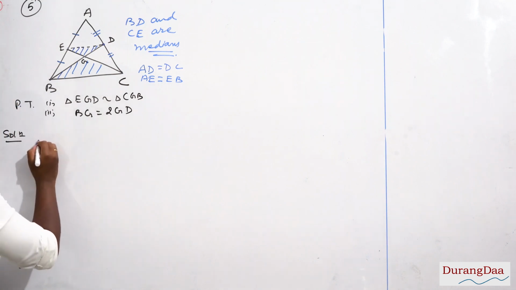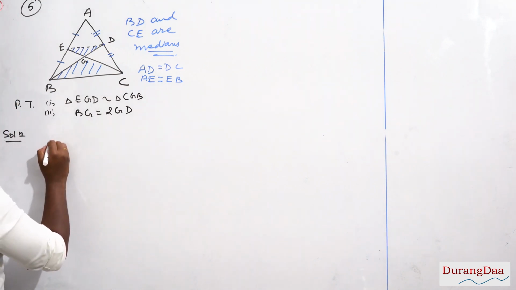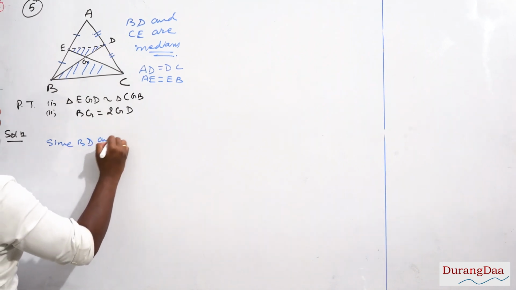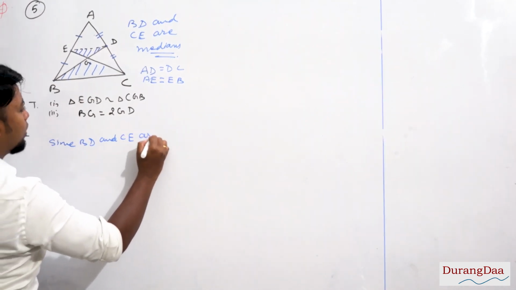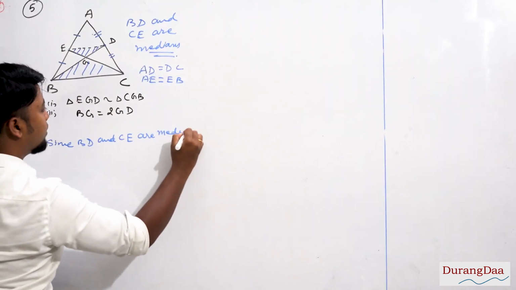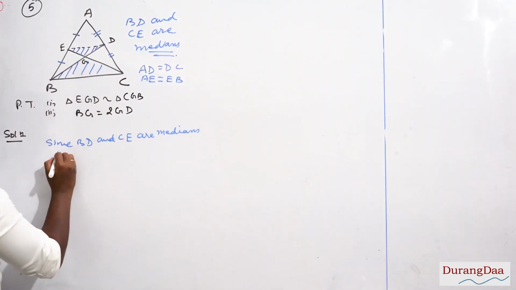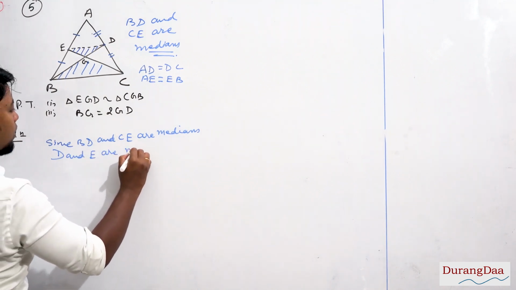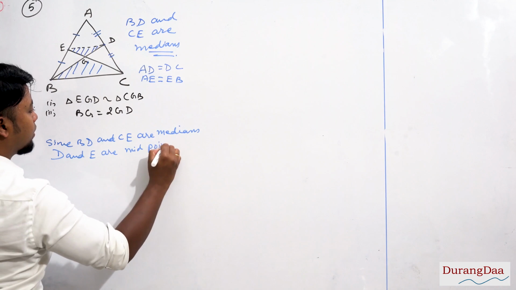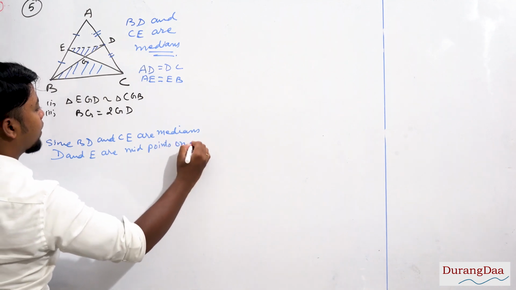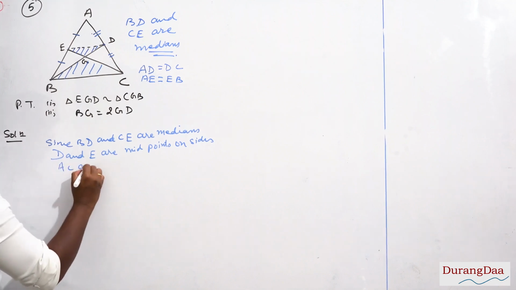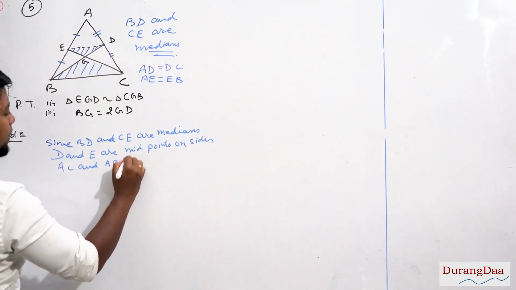So let's start to solve it. First I will write here, since BD and CE are medians, D and E are midpoints on sides AC and AB respectively.